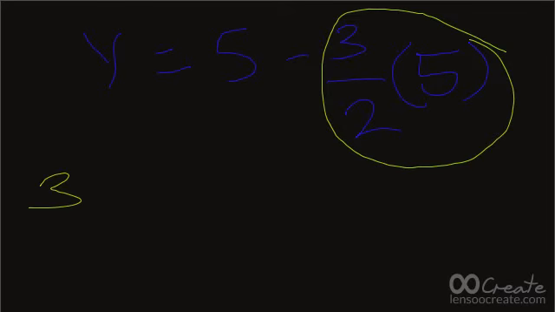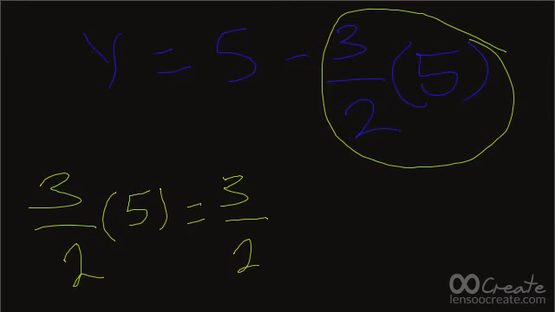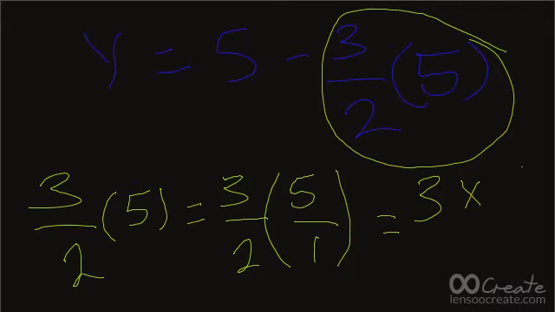So 3 over 2 times 5 equals 3 over 2 times 5 over 1, which is equal to 5, equals 3 times 5 over 2 times 1.